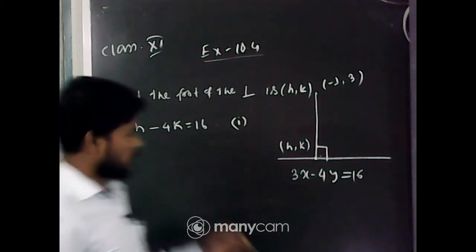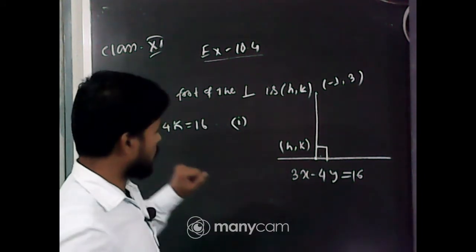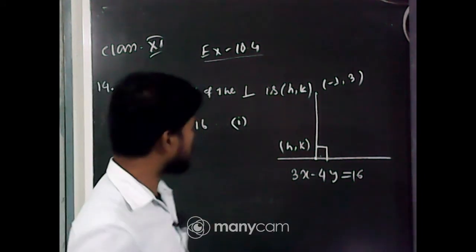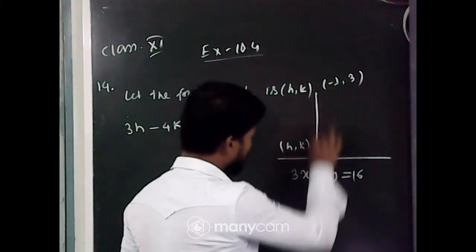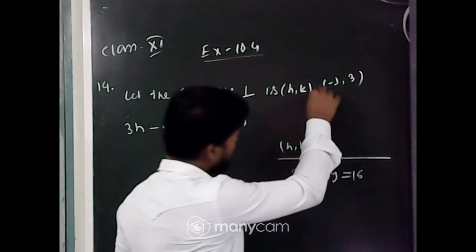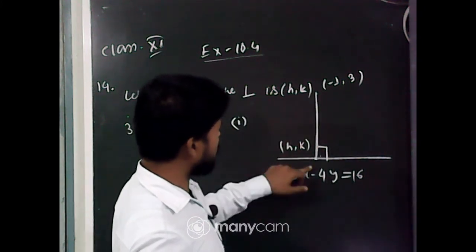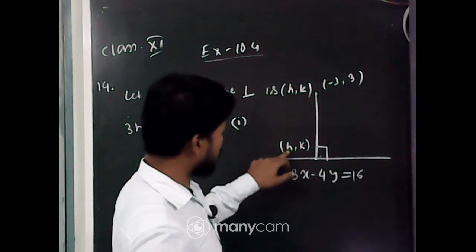Okay, the first condition is formed. Now we have to find another condition. Now look, as this line and this line are perpendicular, first we will find the slope of this line. Two endpoints are given, one is (-1, 3) and one is (h, k).